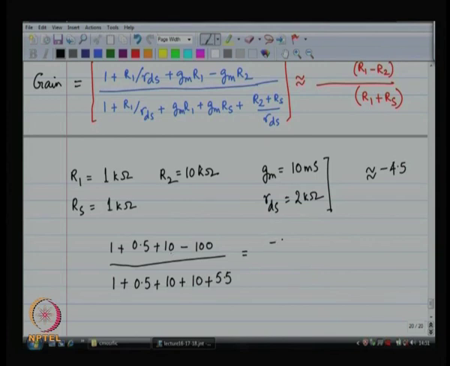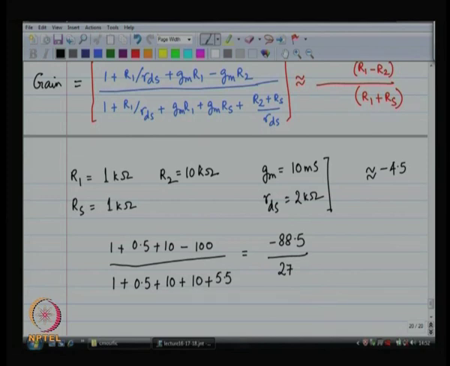So, about minus 88.5 in the numerator, and in the denominator I have got 27. Okay.